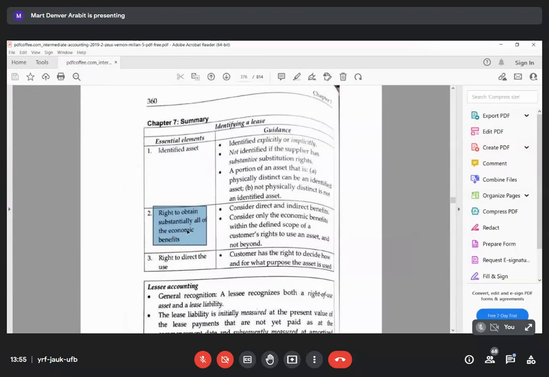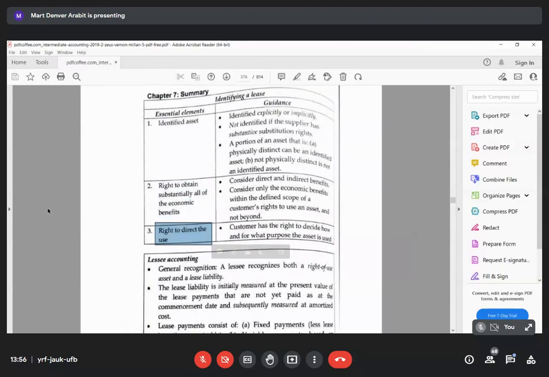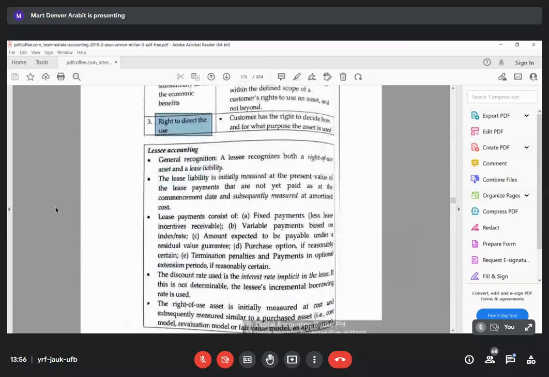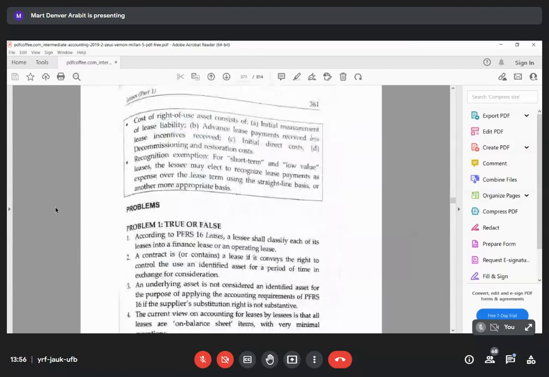Okay? And the right to direct the use provided pasok siya sa limitations and agreement with the lessor, then it is also a lease. Okay. I think this is recap. Okay, so I think that's all.